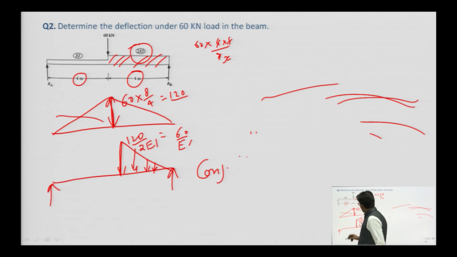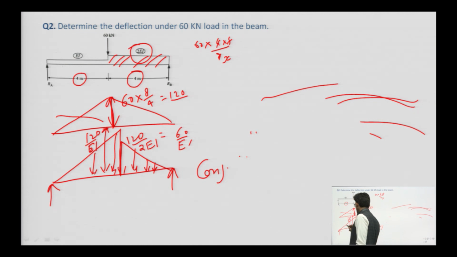And for this other part, what will be the loading ordinate? This ordinate will be 120 divided by EI. So this will be the loading. This is 60 by EI, and this one is 60 by EI also.